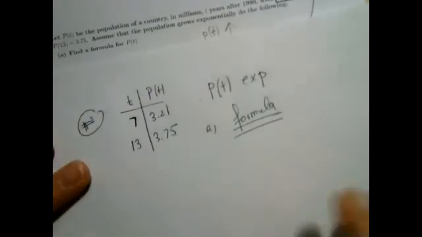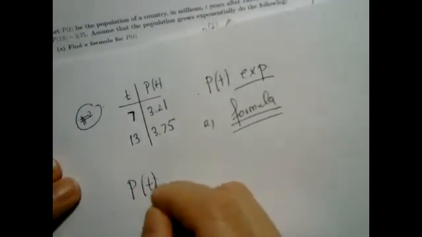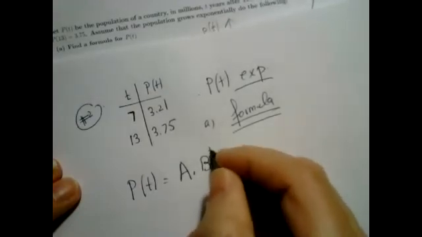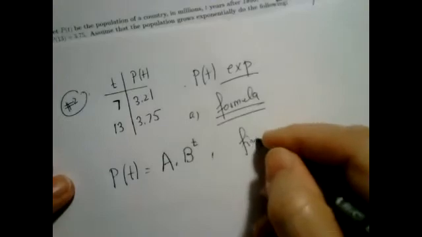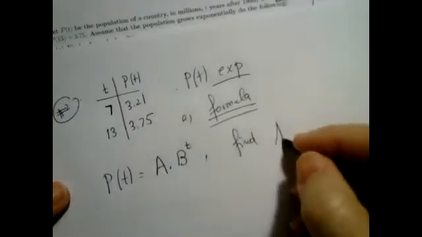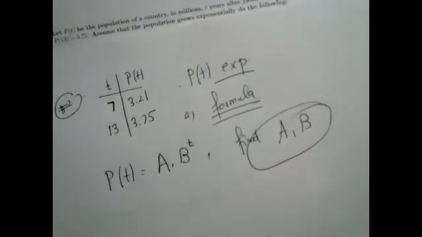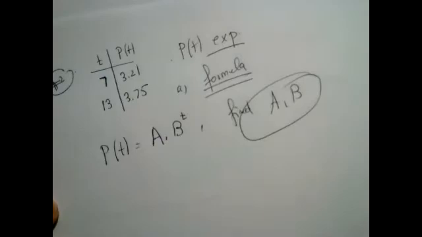Okay. So exponential tells me that the formula has to be of the form A times a certain B to the power T. And we need to find A and B. So you guys help me out. How do we do this type of problem?